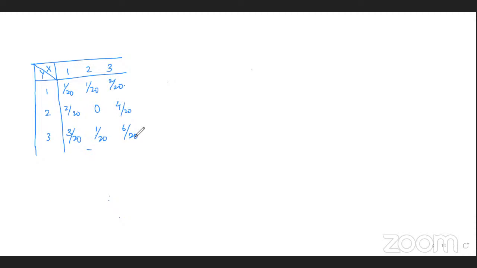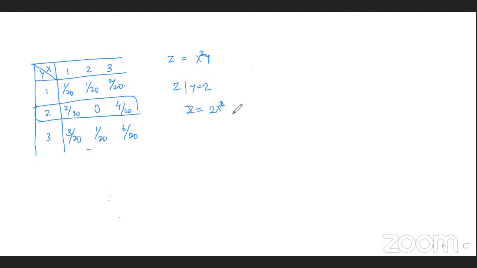Now the first part: your Z is another random variable that is defined as X square of Y, and you have to find the range of Z given Y equals 2. Given Y equals 2, your X is taking the values 1 and 3, so your Z will become 2x square.